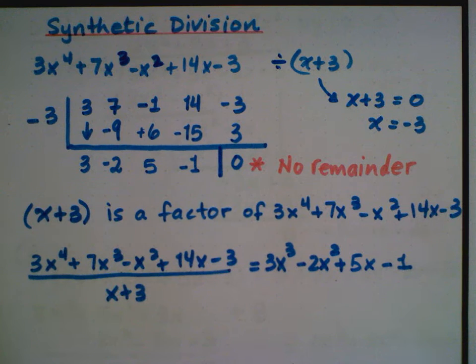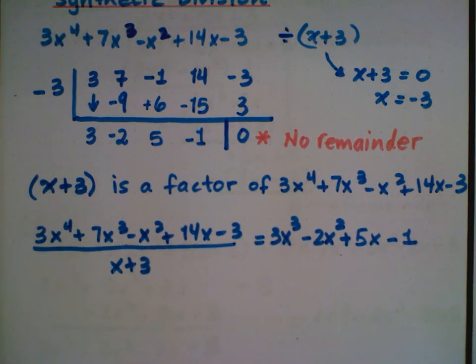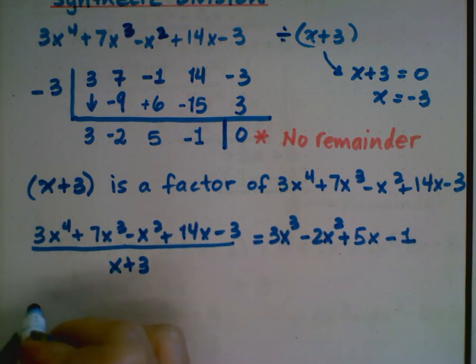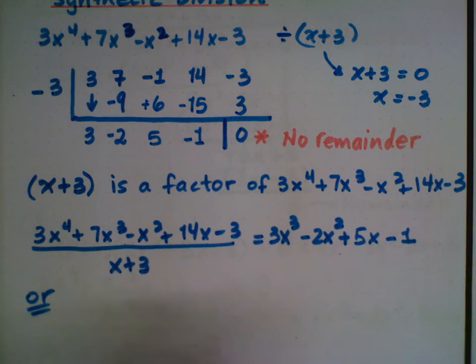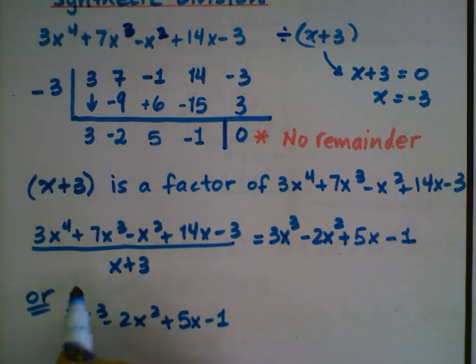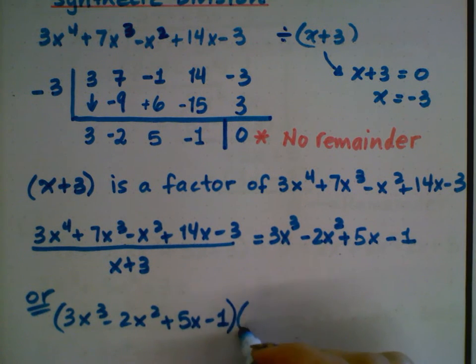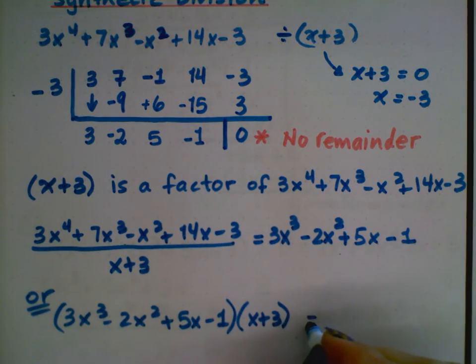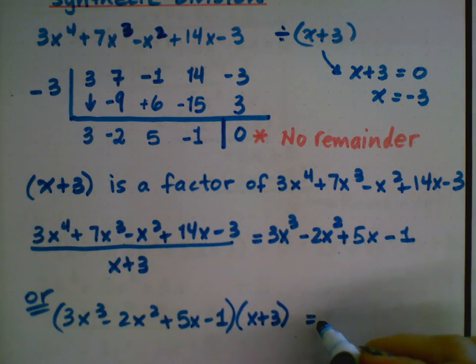I could also rewrite it as a multiplication statement. So I could say 3x cubed minus 2x squared plus 5x minus 1 times x plus 3 equals my original polynomial, which is this quartic.